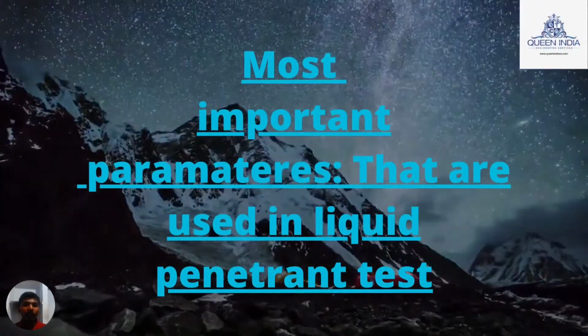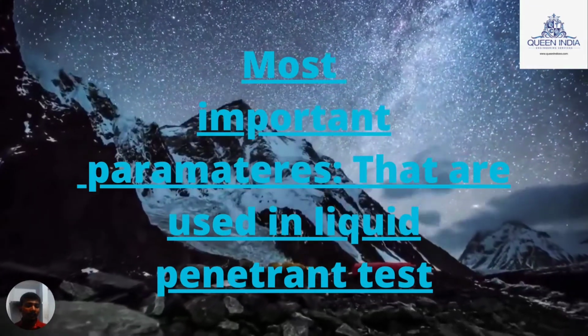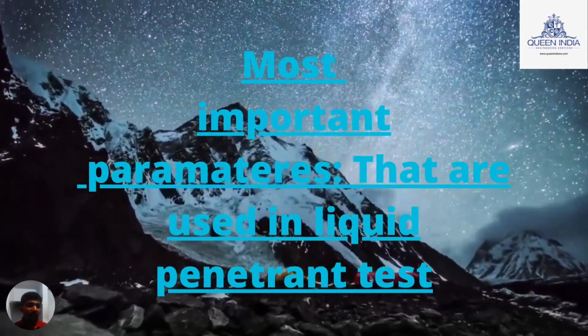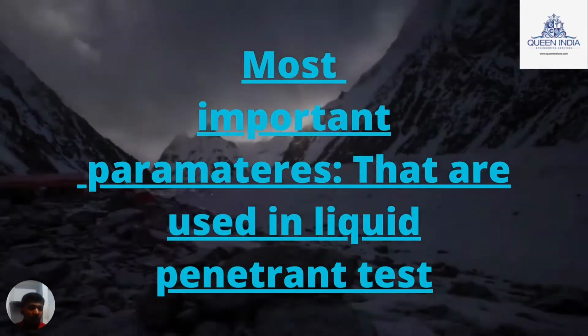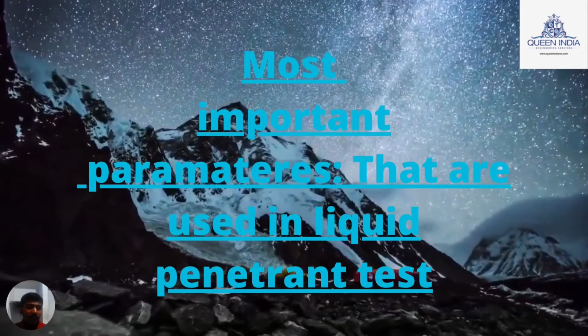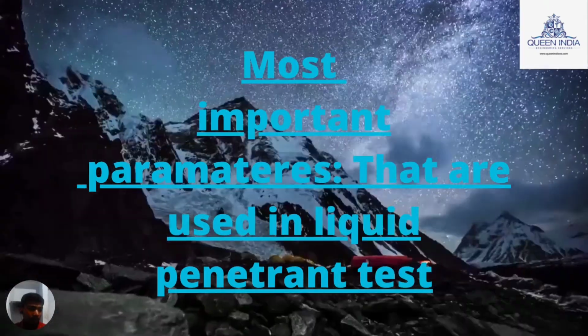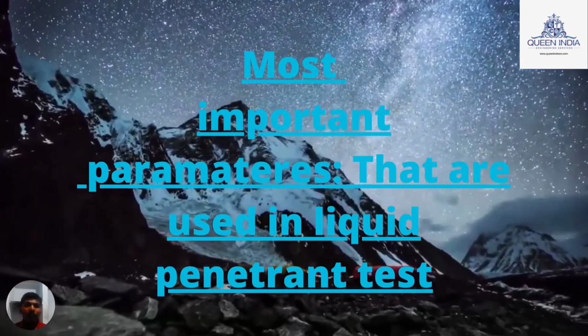Most important parameters that are used in liquid penetrant test. Understanding of penetrant testing is possible only if some required parameters are studied. These parameters are important to use the penetrant testing in a better way.